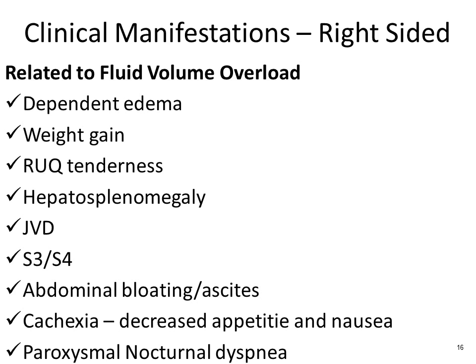Right upper quadrant tenderness and hepatomegaly go hand in hand, because the blood backs up into the right side of the heart and into the body. We'll study this when we do hepatitis and cirrhosis: there's portal circulation, the special circulation that supplies blood and filters the blood coming from our digestive tract.